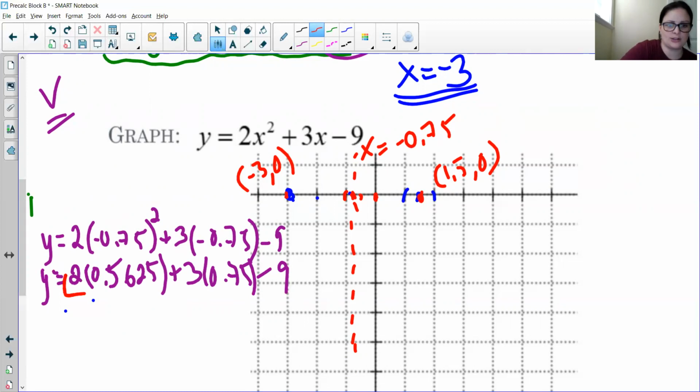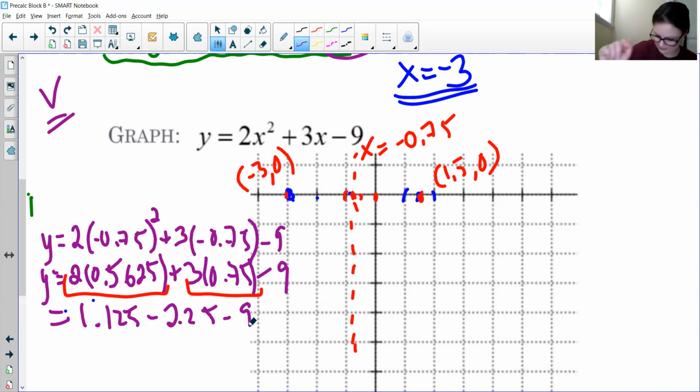I have a term here that has a multiplication, and I have a term here that has a multiplication. Remember, I have to do my multiplying first before any adding and subtracting. So I'm going to get that y equals 1.125 minus 2.25 minus 9. Now I get to do all that subtraction. Remember, there is a negative in here, and I forgot to write it there. That's why this middle term is negative 2.25, because it was 3 times negative 0.75.